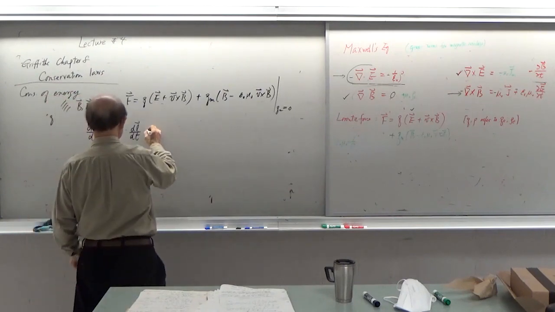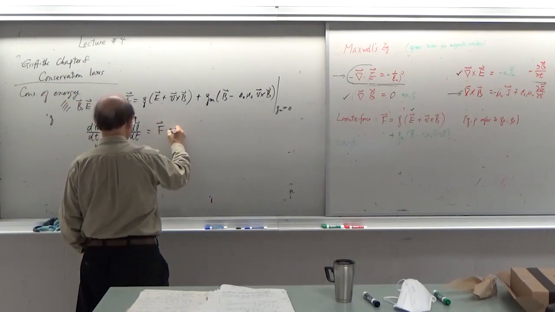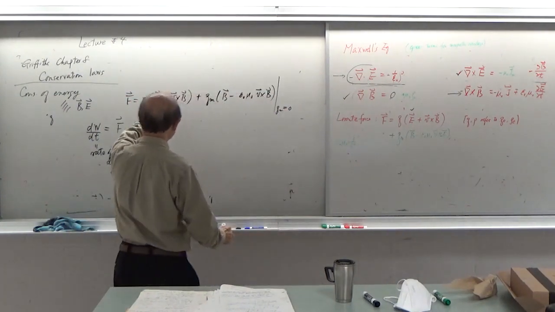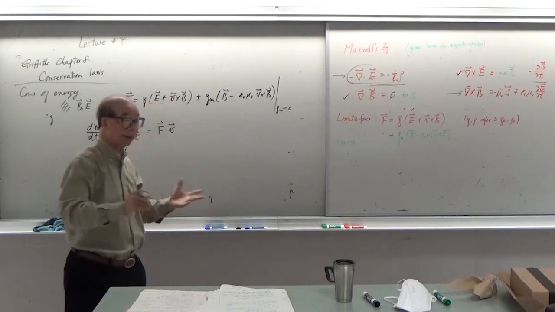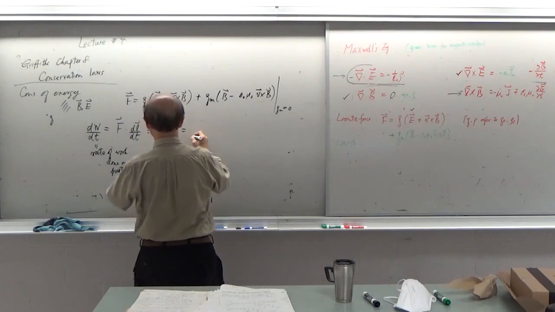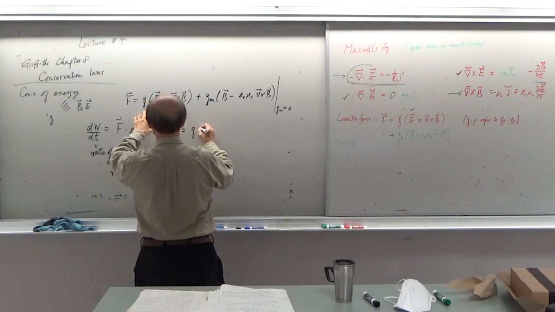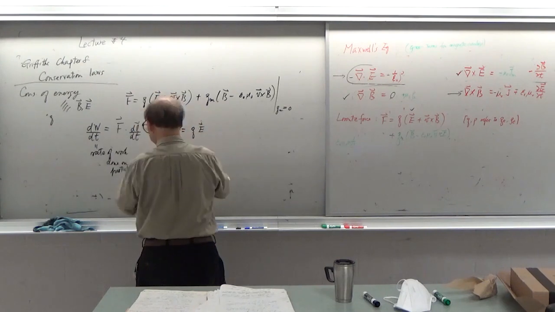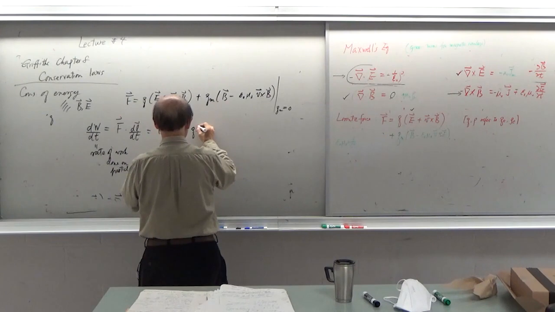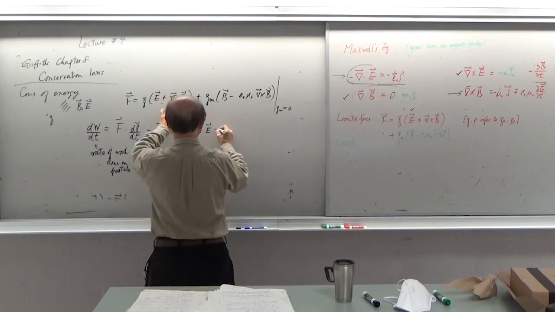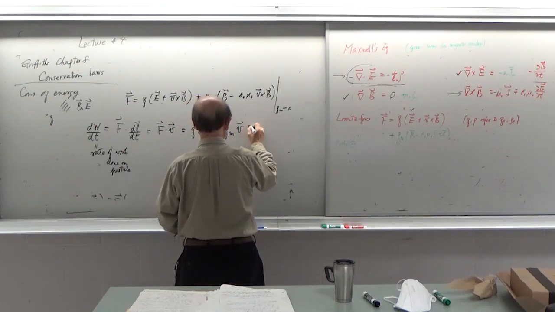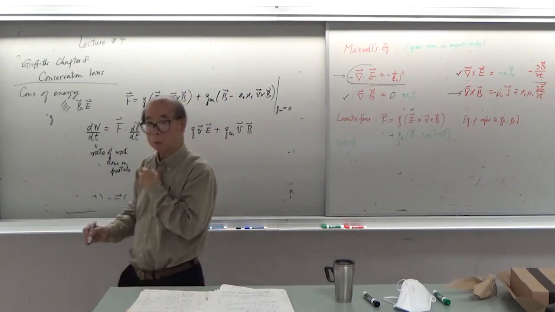So this is F dot v. Ha! It's dot v, so that the complicated terms, this and that, would automatically not be there. Oh, good. So this is equal to Q v dot E plus Qm v dot B. This is for one particle.